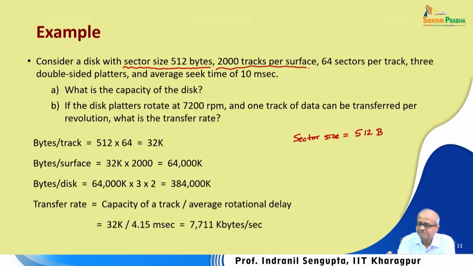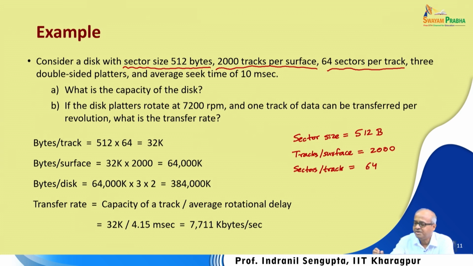Tracks per surface is 2000. And 64 sectors per track. Sectors per track is equal to 64.